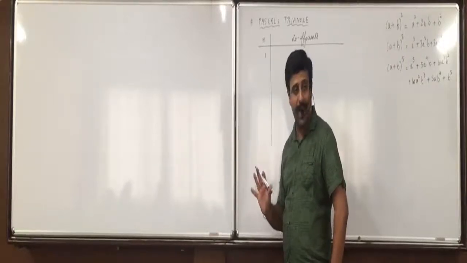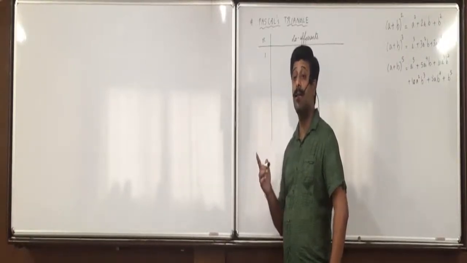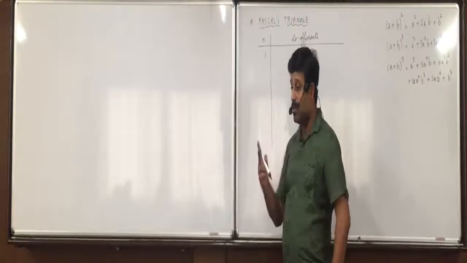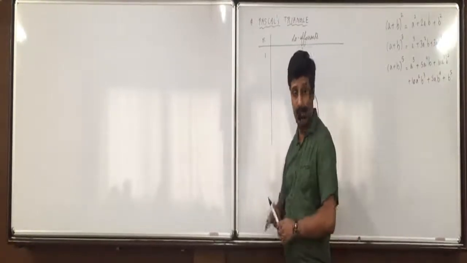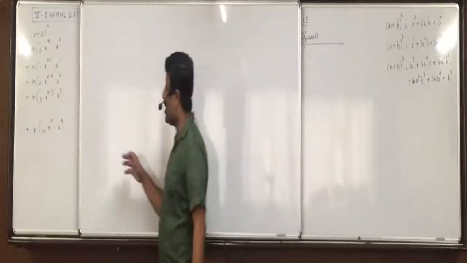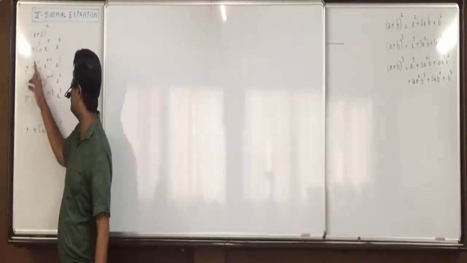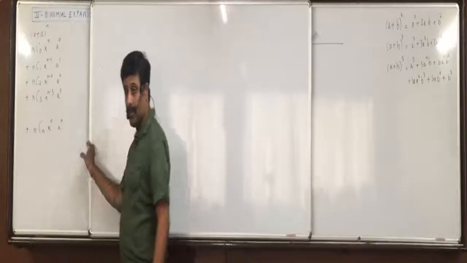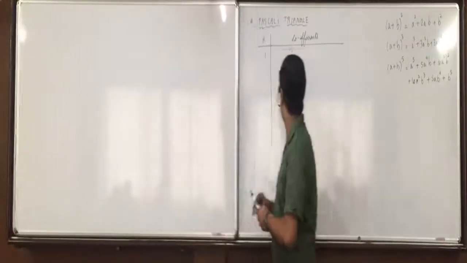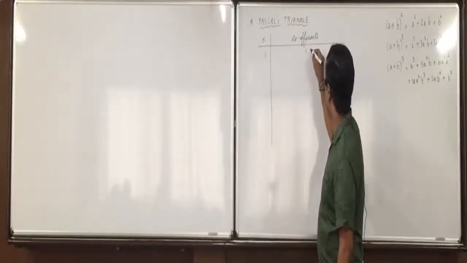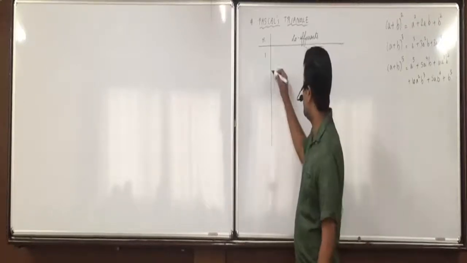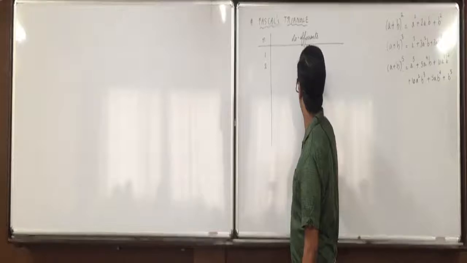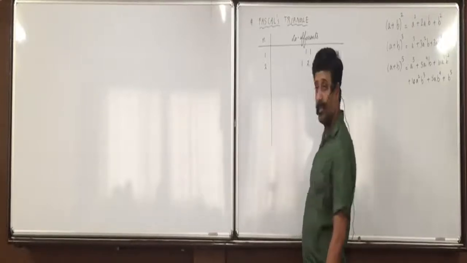So minimum you will have 1. And I told you how many terms you will have? N plus 1, so for n equal to 1 you will have 2 terms. Your coefficients as we discussed will be 1c0, 1c1. Okay? So 1c0 and 1c1 both are 1. These are the coefficients. If n is 2, then 2c0, 2c1, 2c2.